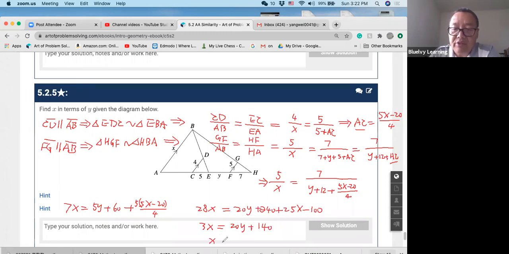Then you get x equals 20 over 3 times y plus 140 over 3. This one actually is our answer. They ask you to find x in terms of y, so that means use y to represent x. So we got x equals 20 over 3 times y plus 140 over 3. That's the answer.